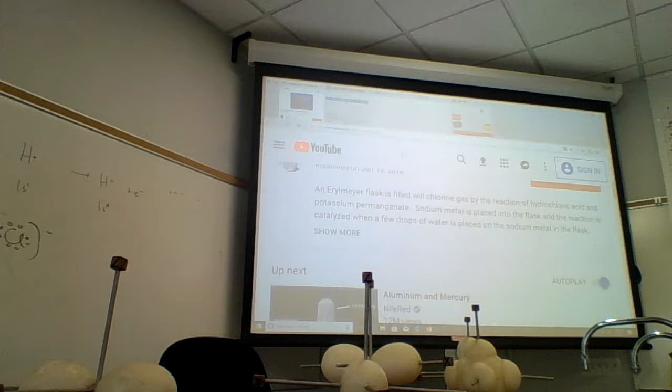It likes to form diatomic chlorine. What I'm going to do is I'm going to form atomic chlorine like this. And atomic chlorine is going to have the electron configuration. What is the electron configuration for atomic chlorine? Let's see. It's going to be neon 3s2 3p5.